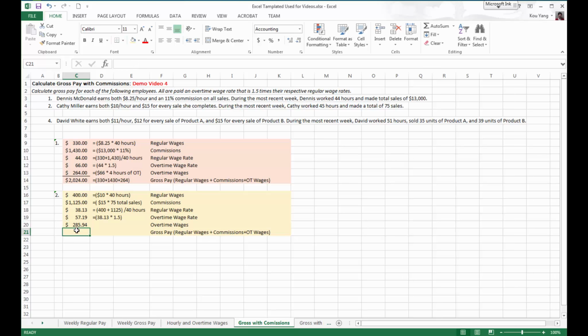My total gross, once again, I'm going to take my regular wages plus my commissions plus my overtime to equal $1,810. There could be some rounding issues here.